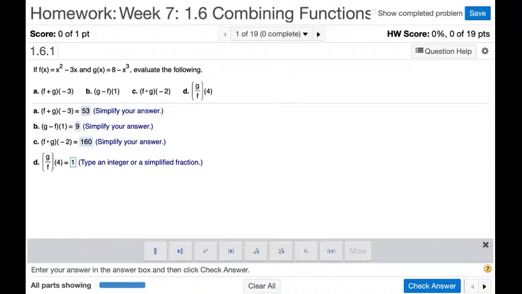So the top is 64, divided by, that's going to be 16 minus 12 is 4. I think I did 16.